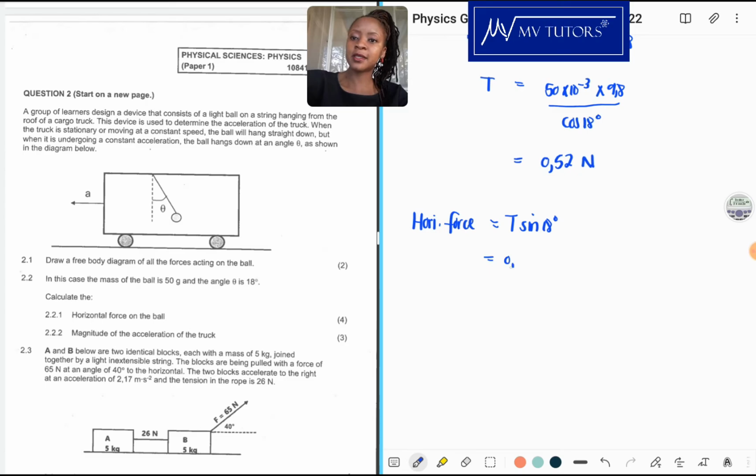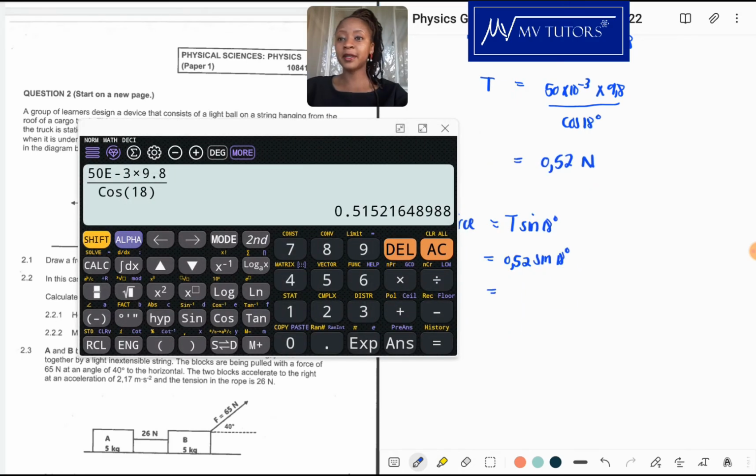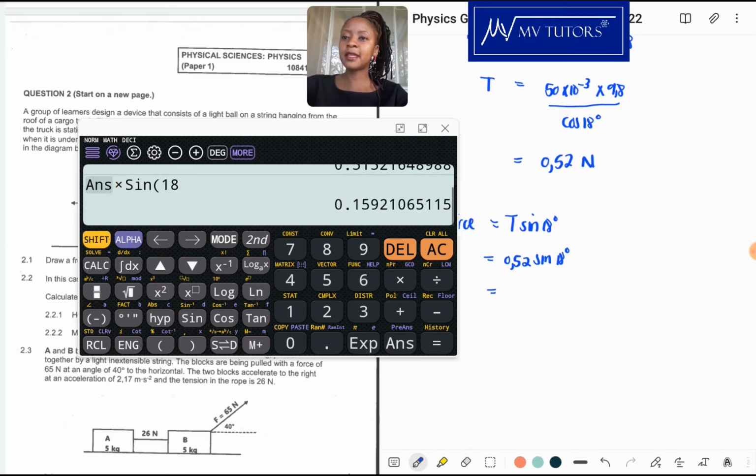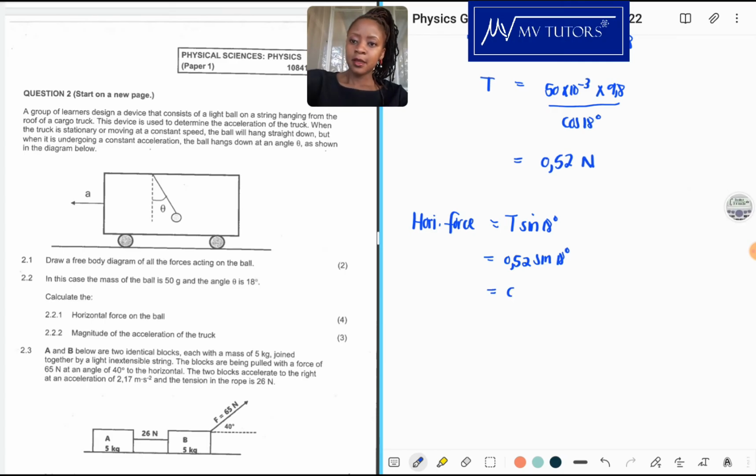We know that t is 0.52, so 0.52 sine 18, and then we're just going to go back to the calculator, multiply that value times sine 18. Okay, and that's 0.16. 0.16 Newton, and that is our horizontal force.